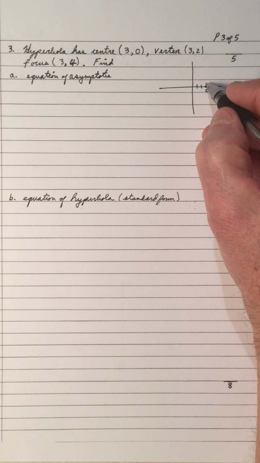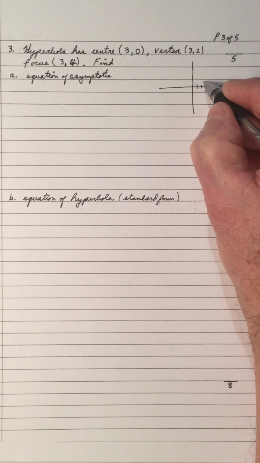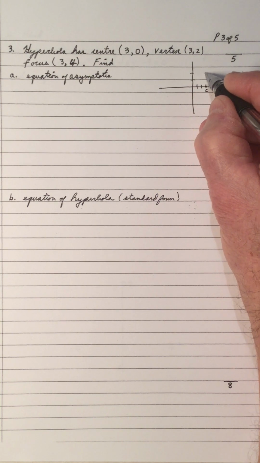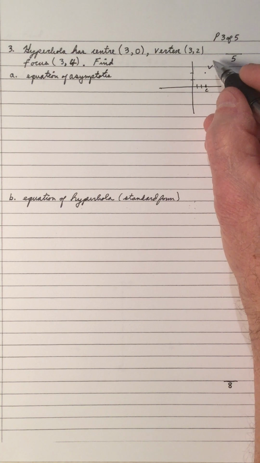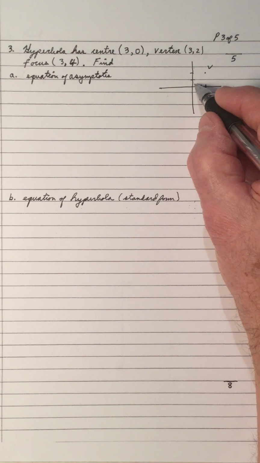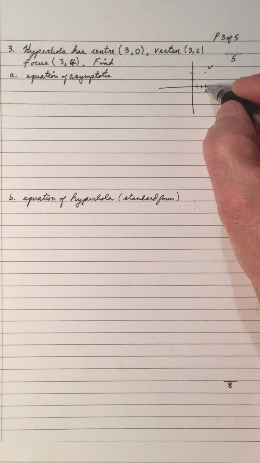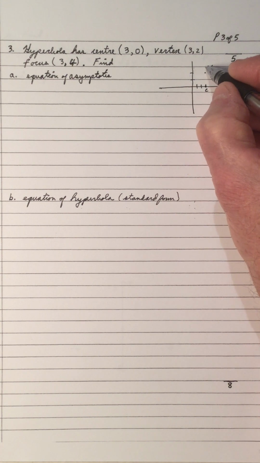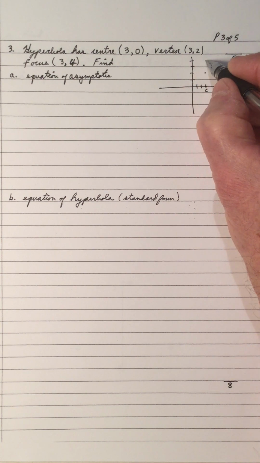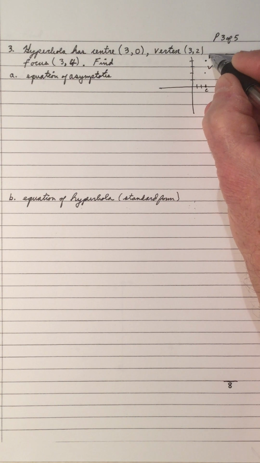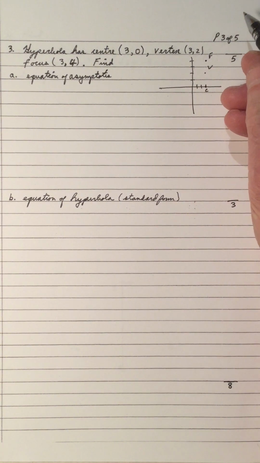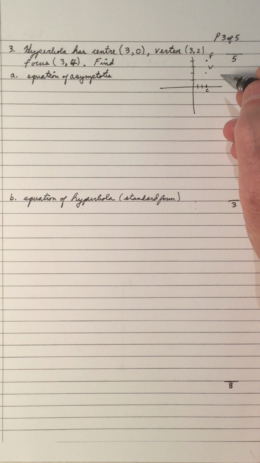It has the vertex of 3, 2, so x is 3, y is 2, which is right there. And has a foci of 3, 4, so 4 is right here. So that's the focus.